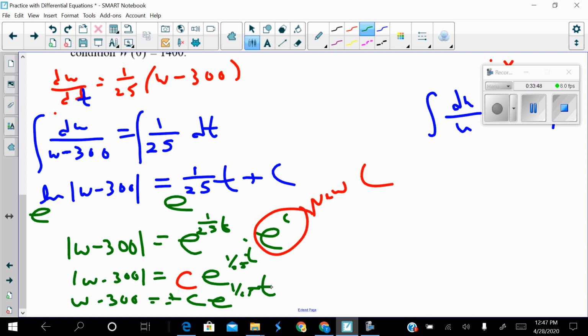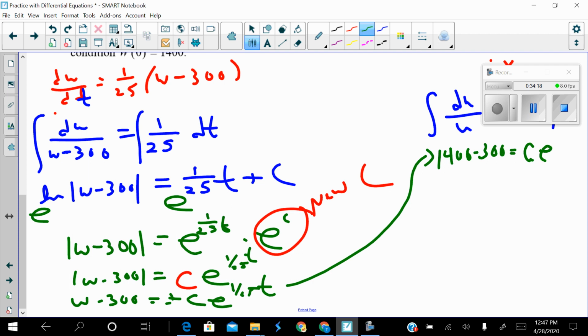All right, now we're just going to solve for c. The point we have to use is when t is 0, w is 1400. So 1400 minus 300 is equal to some number, and I'm just going to call that number c, because you'll find out whether it's positive or negative.